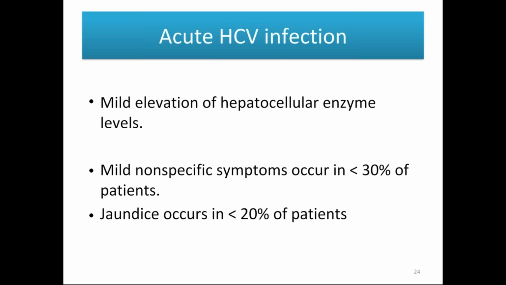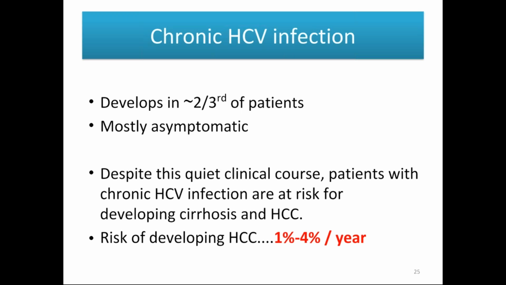The percentage of jaundice, that is icterus, is less than 20% in these patients. So again, as I said earlier, in chronic HCV infection, about two-thirds of the patients will land up in chronicity. That is, they might land up in chronic liver failure.